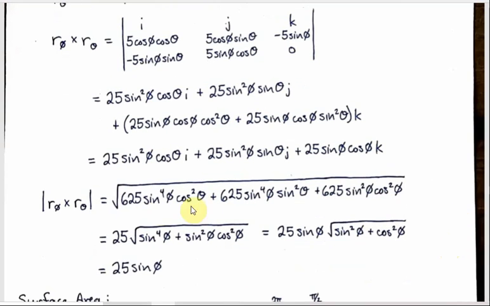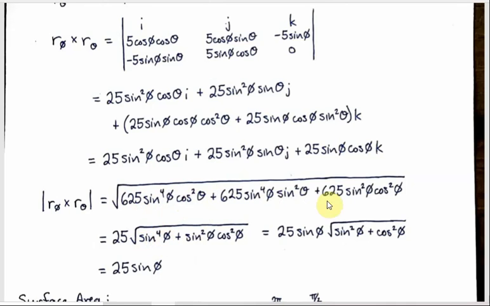Once we go down here, I factored out the 625 since it's in all three, right? You can pull that out of the radical because you can say, well, 625 is 25 squared. So there's the 25. And then for these first two terms, they both have a sine phi to the 4th in them. And then once you factor that out, you got cosine squared plus sine squared, which is 1, which is why this right here, once you pull the 625 out of it, it's just sine phi to the 4th power.